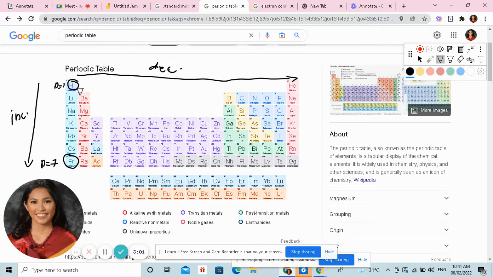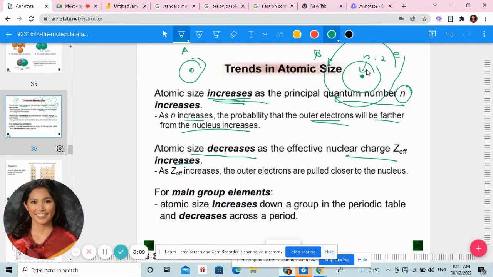Remember that if the attraction is strong, the electrons will be pulled towards the nucleus, so the size becomes smaller. Because as Z increases, the outer electrons are pulled closer to the nucleus. That's why as we go across the periodic table, the atomic size decreases.